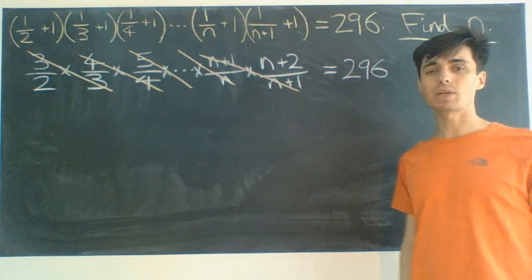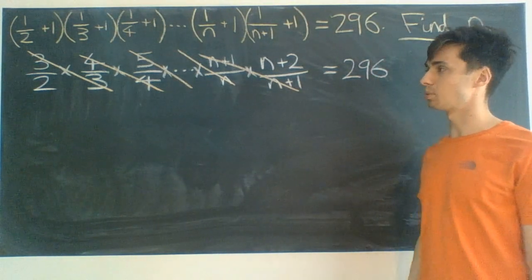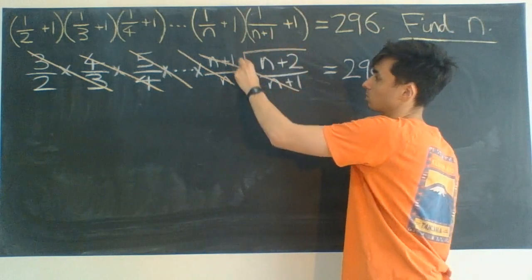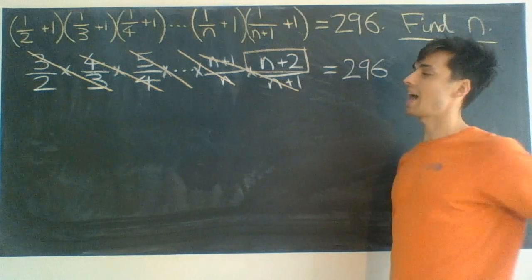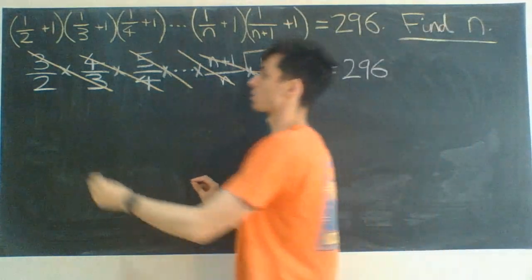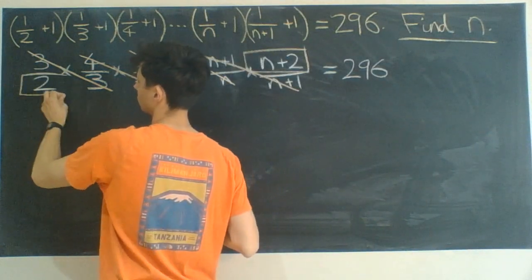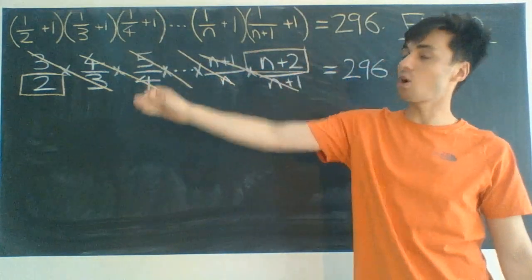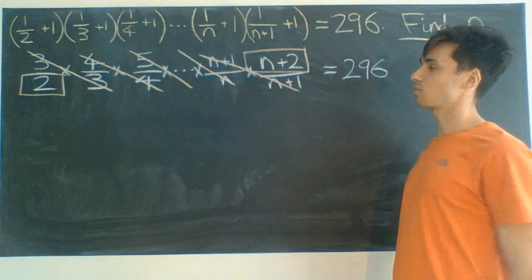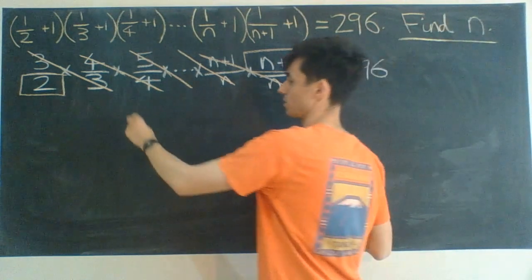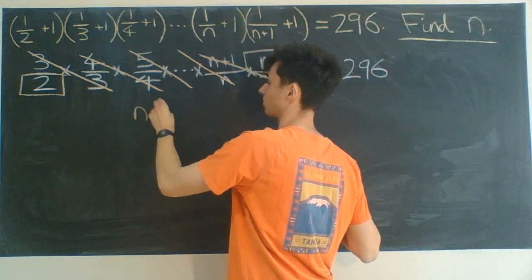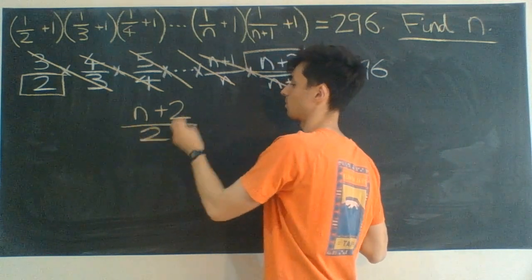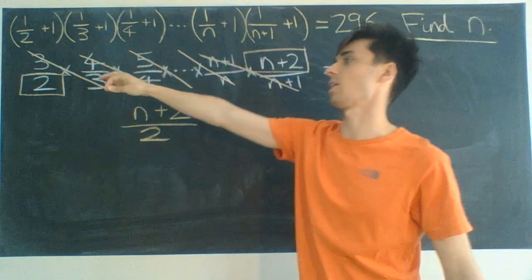And actually that means we're left with something much more simple now. The only two terms that are left are this n + 2 on the top, and on the bottom we've got 2. So instead of this really long fraction, we can write it as a much simpler fraction, (n + 2) divided by 2. They're the only two things that are left.